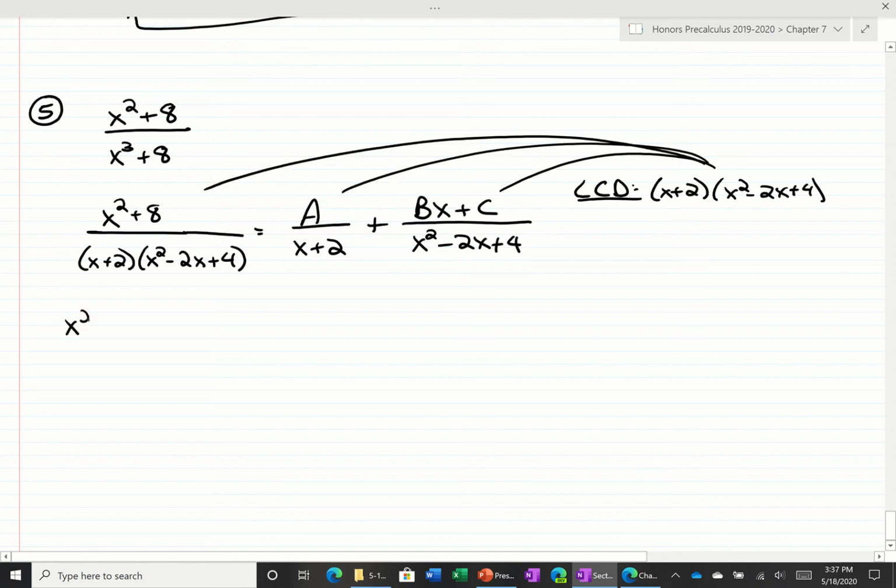we'll get x squared plus no x plus 8 is equal to A times x squared minus 2x plus 4 plus Bx plus C times x plus 2. Let's distribute this out.